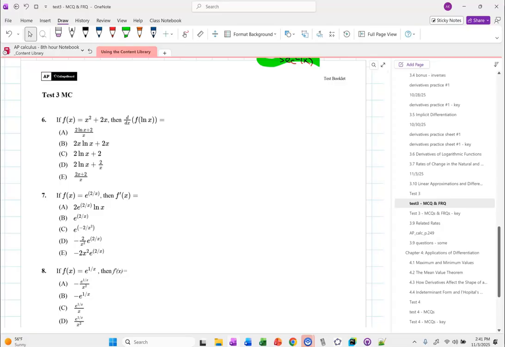Yeah, so I would treat this like a chain rule, right? Do you agree? And what's the derivative of f of x? So you're going to have 2 natural log x plus 2 all over x.